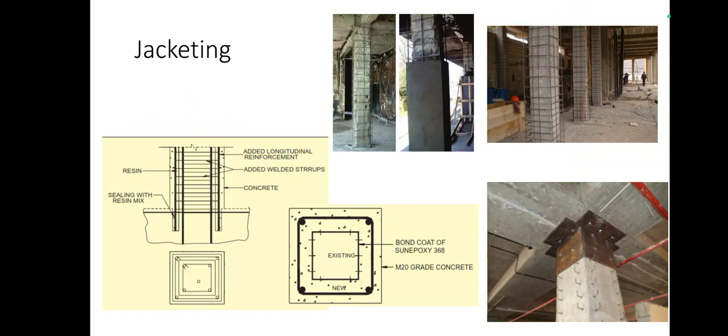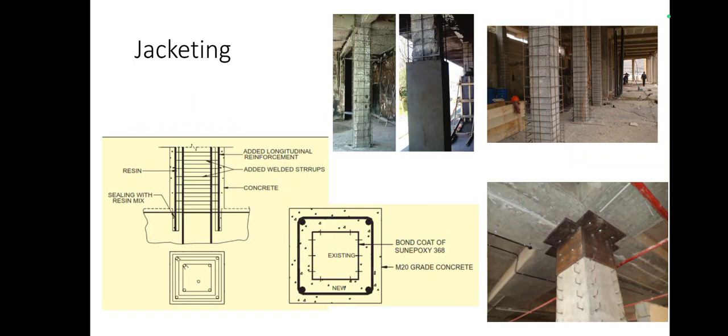Here you can see a jacketing of a column. First of all we should know the structural capacity of the column, and based on that, what type of reinforcement and what type of concrete to be provided, so that its capacity can be increased.